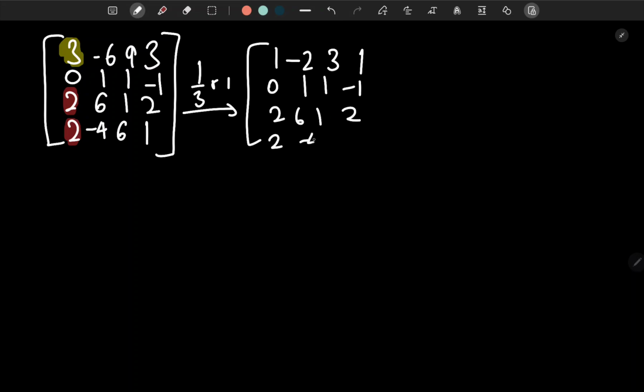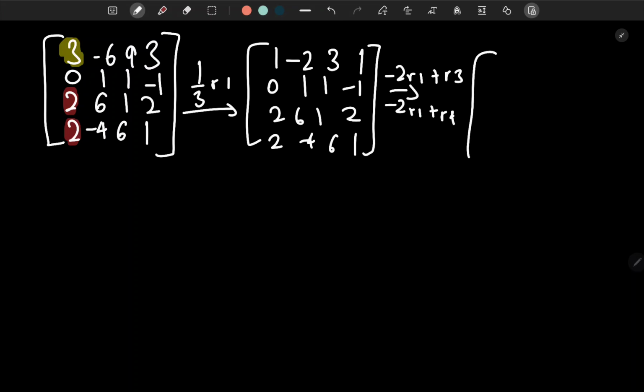Now we can do the operations of minus 2 R1 plus R3, and then minus 2 R1 plus R4, and this will give us the first row stays the same, second row also stays the same, and the third row is going to become 0 10 -5 0, and then we have 0 0 0 -1.